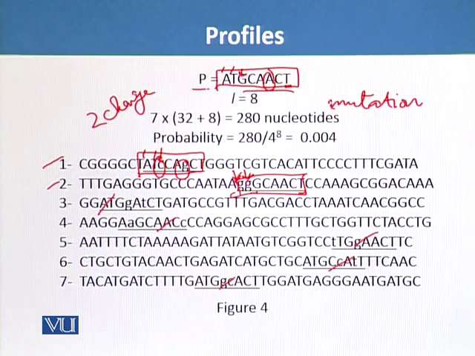After mutation, there is a difficulty in finding this pattern. To overcome this problem, we design a specific technique called a matrix. By using the matrix technique, we can overcome this problem of mutations within the P pattern in the sequences of DNA.